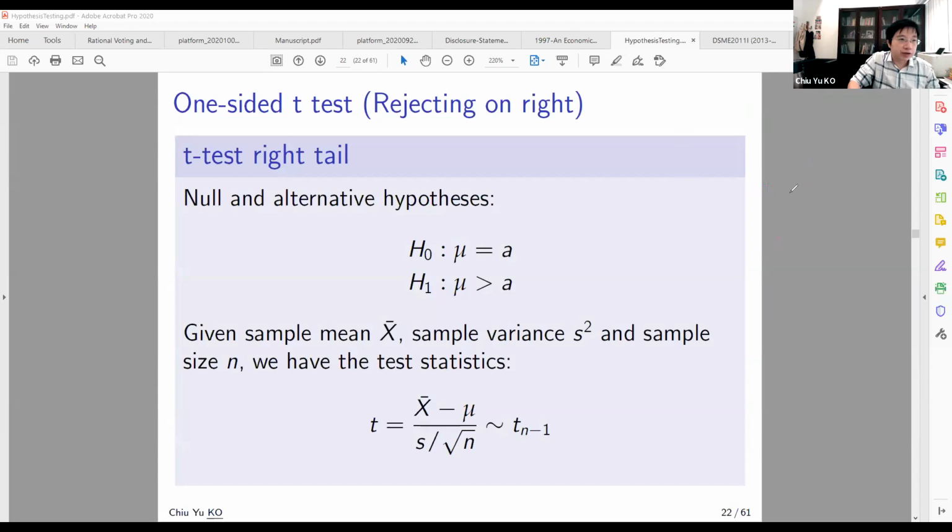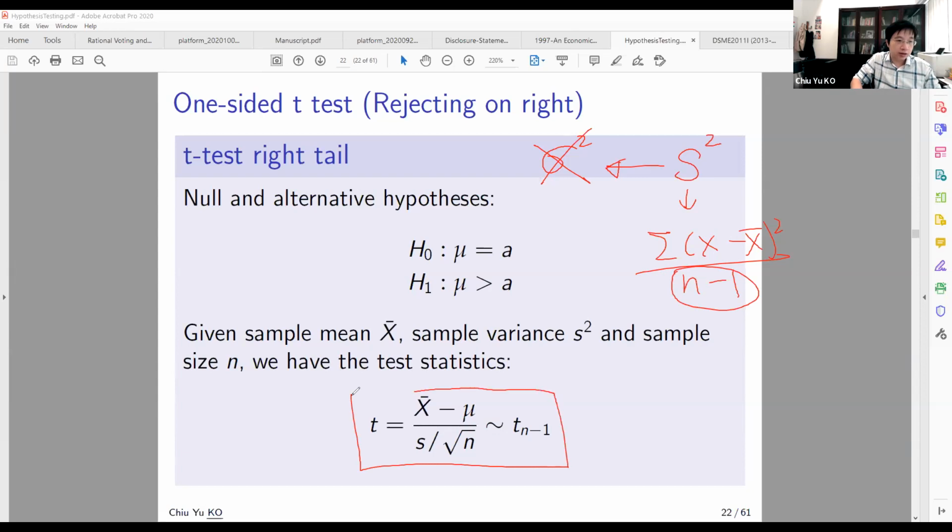The only thing is, we have no idea about sigma square. Instead, we use S square, which is the summation of x minus x bar squared over n minus 1. Remember n minus 1 here. If you do this, we know this is going to be the t distribution with n minus 1 degrees of freedom.